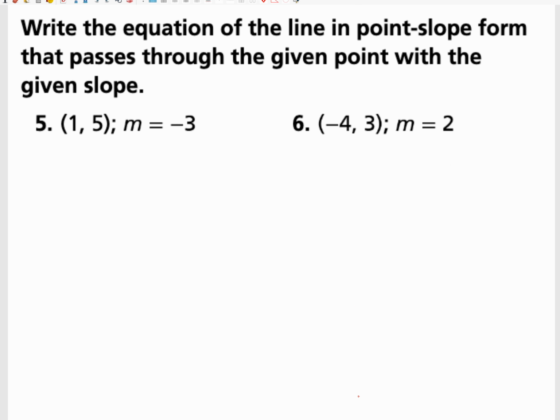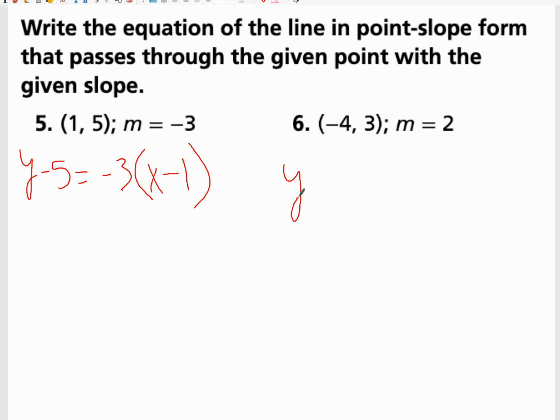Write the equation of the line in point slope form that passes through the given point with the given slope. So, what do we got? Calling for number 5 here. Y minus 5 equals negative 3 parentheses x minus 1 close parentheses. Guys, that's it. That's point slope form. Bennett, tell me number 6.